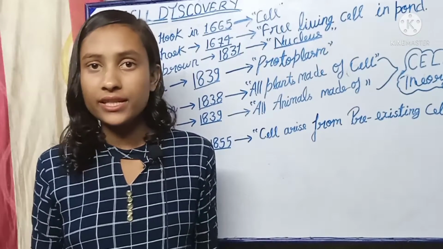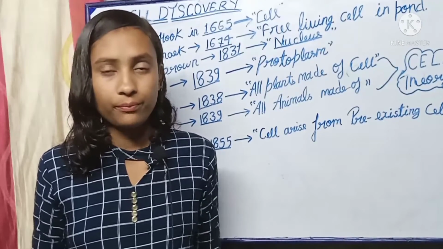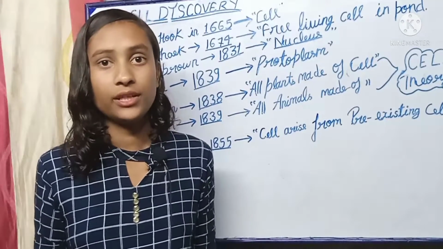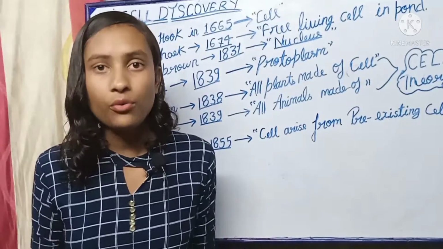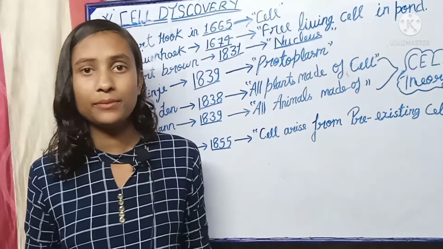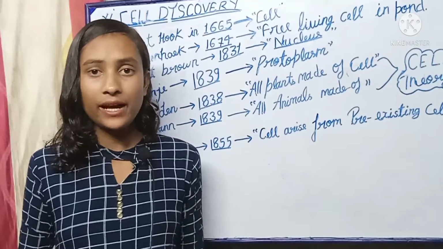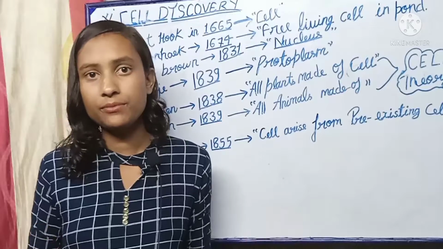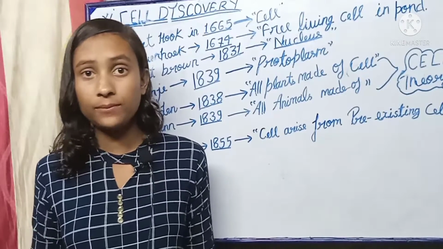Now I think cork is a new word for you, but don't worry, in our upcoming chapter we will discuss it in detail. But for now you should have an idea about what cork is. When a plant is small, it has an epidermis layer as an outer protective covering.